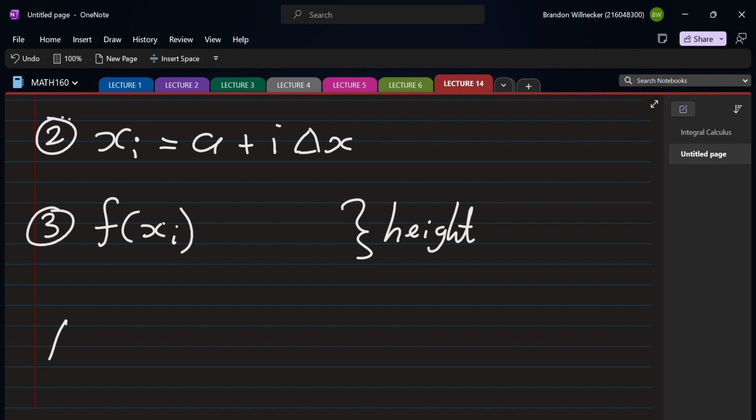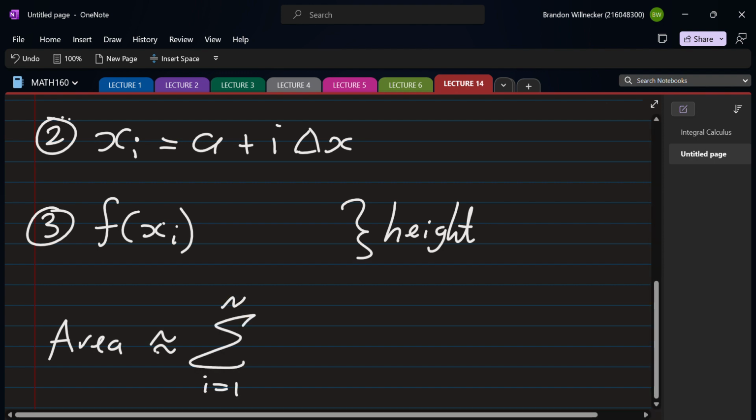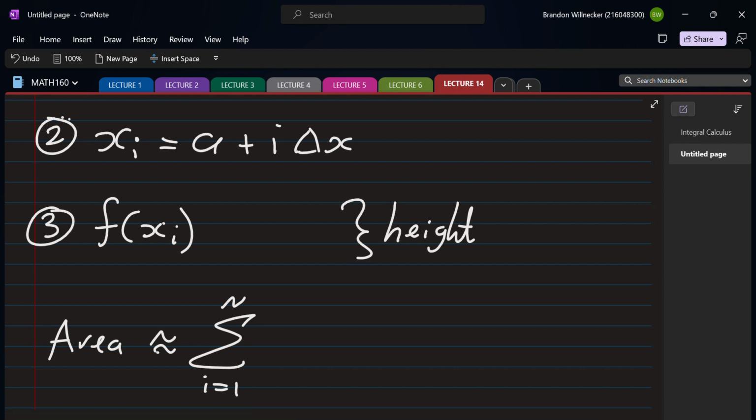So the area is approximately equal to, and we're not going to do the limit yet, the sum from i equals 1 to n, because we have n rectangles, of base times height, or height times base.